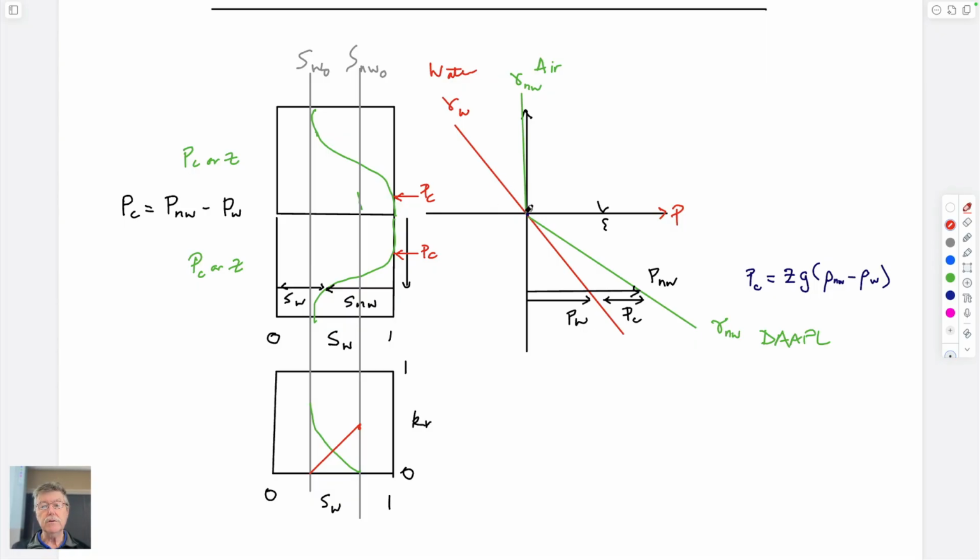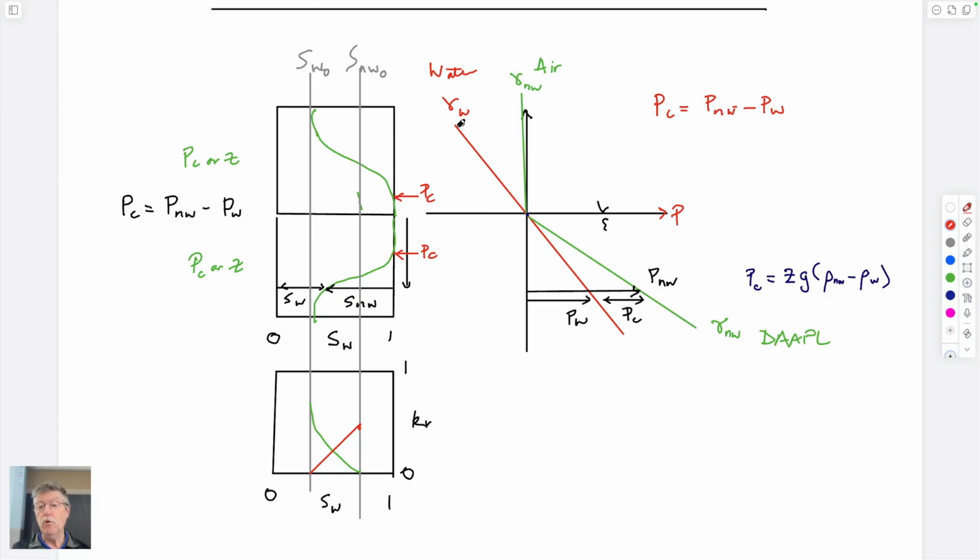So if it starts off at the water table at 0 gauge pressure, then by the time it's up here, this is negative. And so by definition of capillary pressure being equal to pressure in the non-wetting minus pressure in the wetting phase, then the wetting phase is negative, tensile, and so this capillary pressure is positive on this limb, as you know from this.